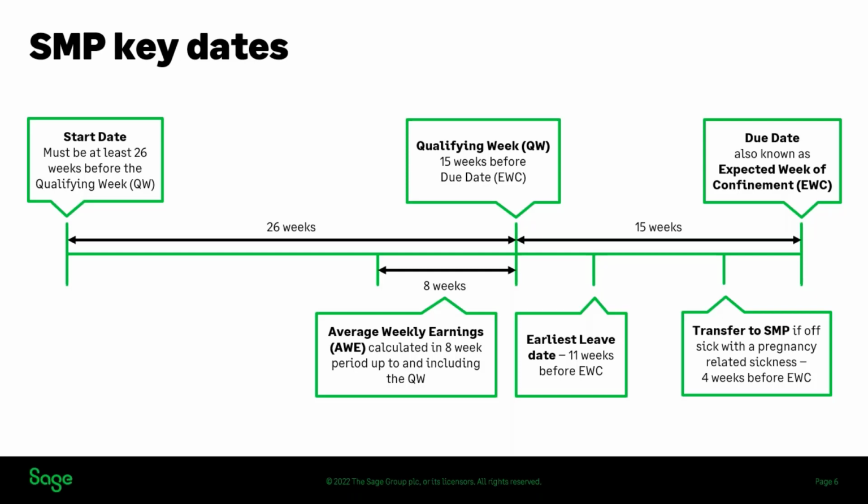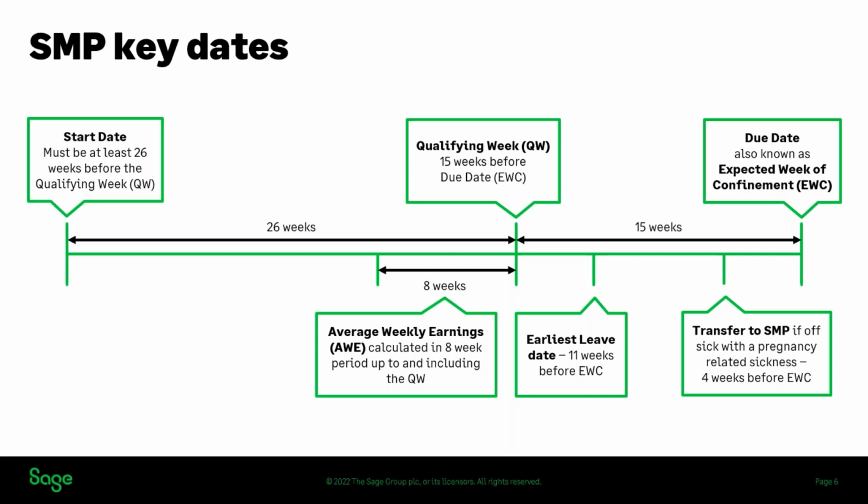So there's an 8-week period up to the qualifying week where a weekly average is taken, and it's 90% of that weekly average, which will be the higher rate of SMP. Now, to qualify for the payment, they must have been employed by you at least 26 weeks before the qualifying week. So adding them two together, it's 41 weeks before the due date.